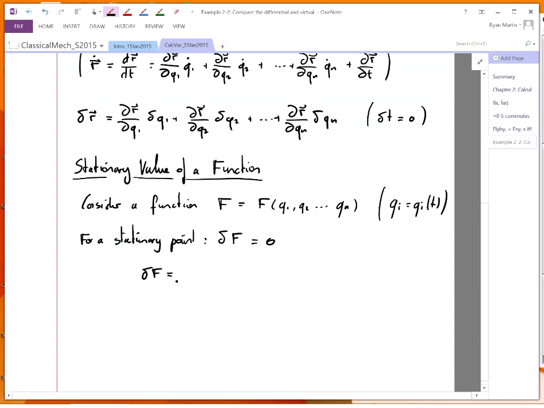So we have delta f, using our chain rule, is ∂f/∂q1 delta q1 plus ∂f/∂q2 delta q2, etc., ∂f/∂qn delta qn.